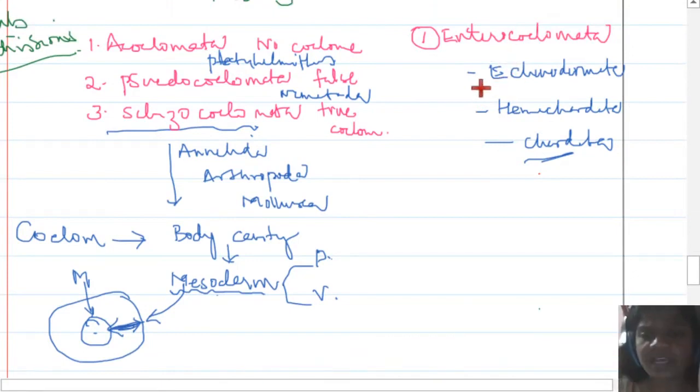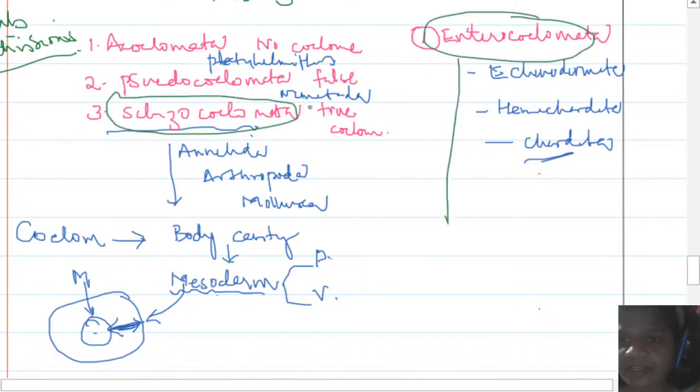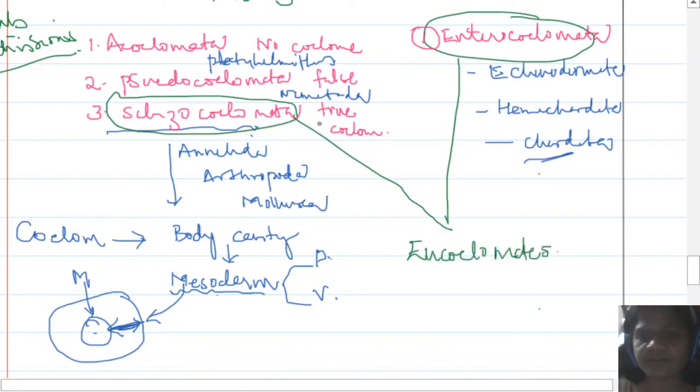This also has the Echinodermata, Hemichordata, and Chordata. These also have a true coelom. So the schizocoelomates and the enterocoelomates together are called eucoelomates. I know there are so many new words here, but try to follow.